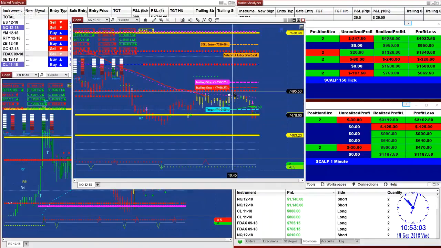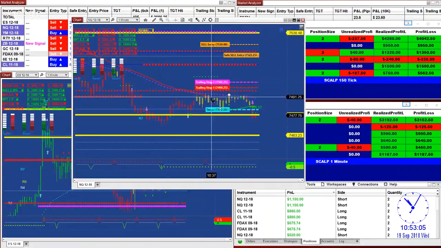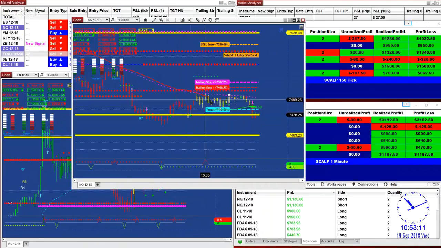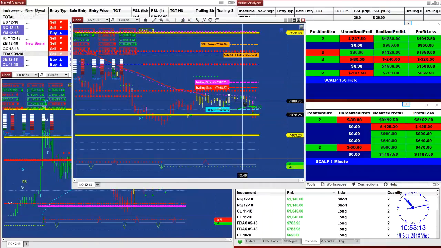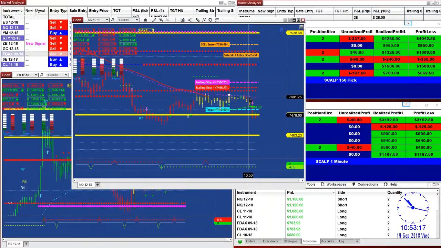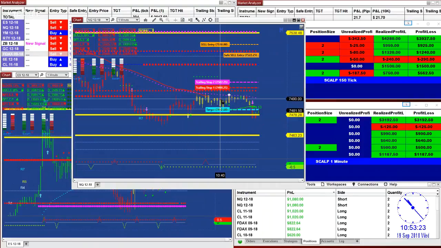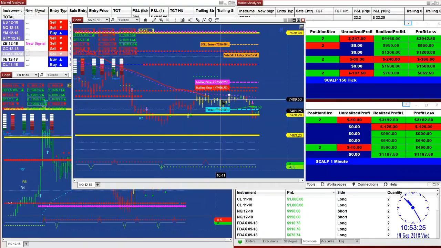So you can imagine how many traders, from those areas after we said no more, took long and short and both lost money. So this is a very serious matter to understand when to stop and when to start again.